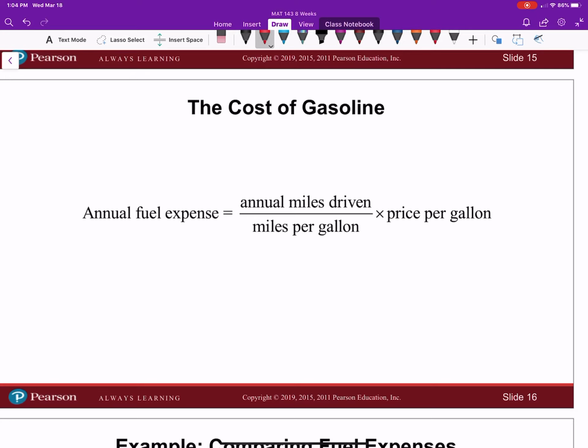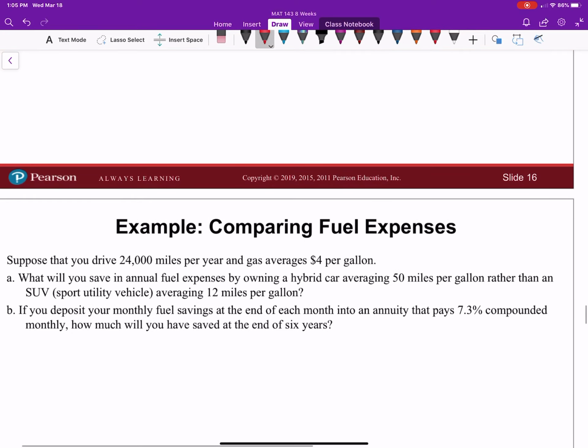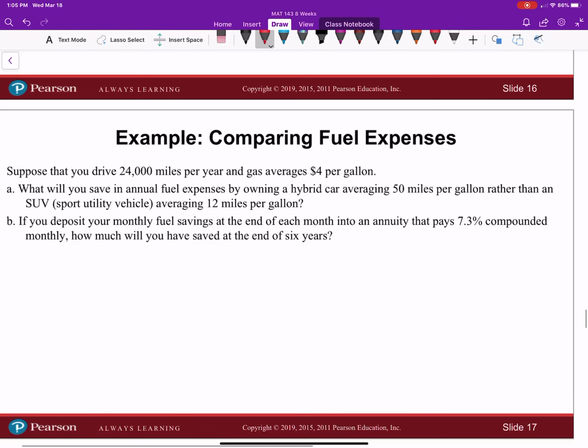So let's look at our next question. Comparing fuel expenses. It says, suppose you drive 24,000 miles per year and gas averages about $4 per gallon.